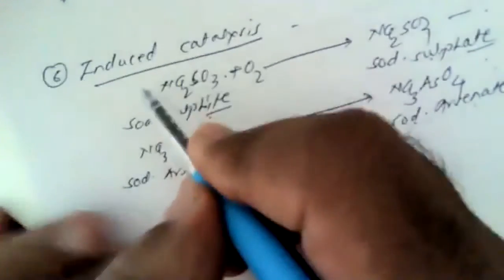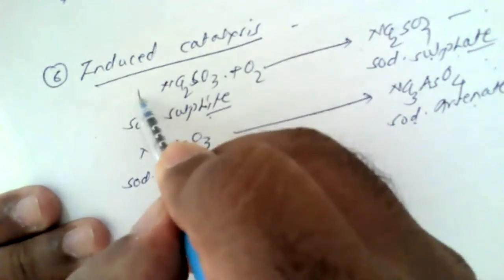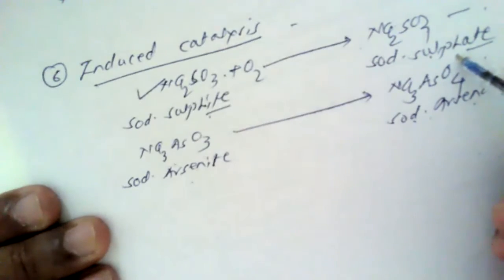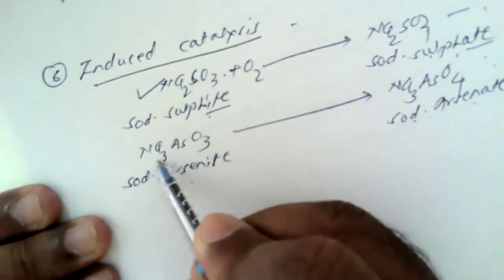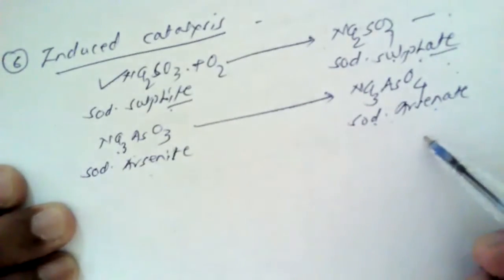Now our aim is to oxidize sodium sulfite into sulfate and sodium arsenite into sodium arsenate.